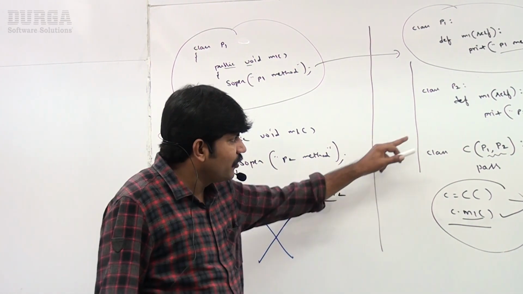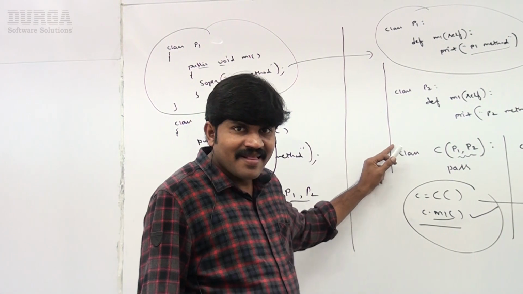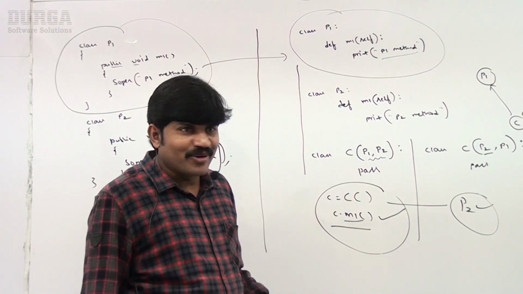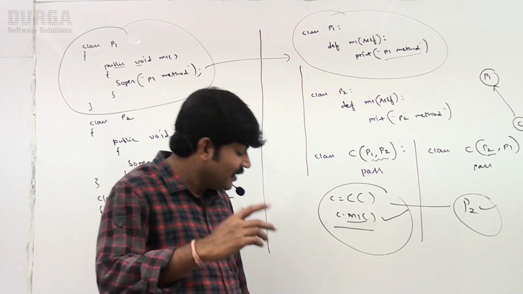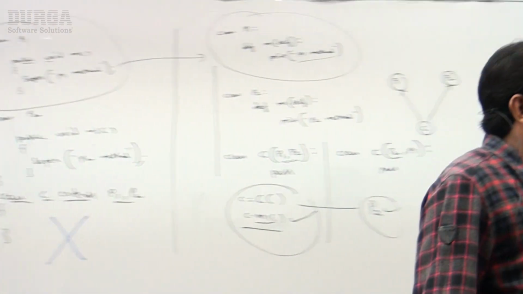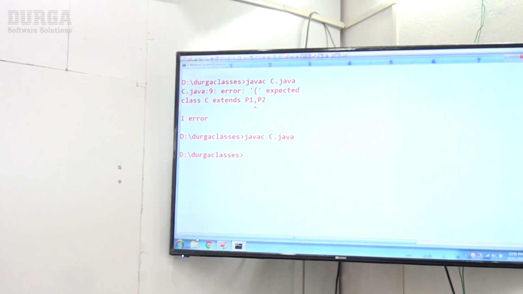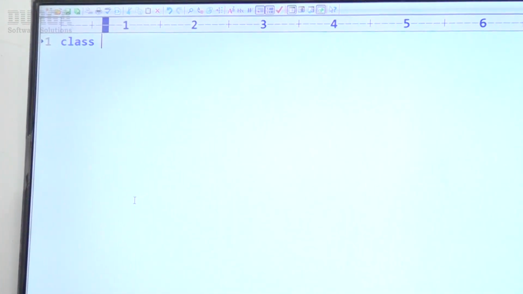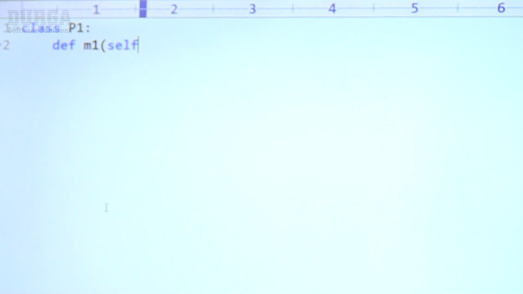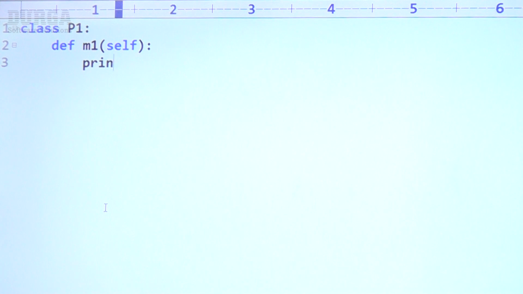Clear, right? Do you want me to execute this Python code? Yes, I'm an expert in Python also. Don't worry, let me write the code, very simple. This is class P1, with a def m1 method taking self, and print P1 method.